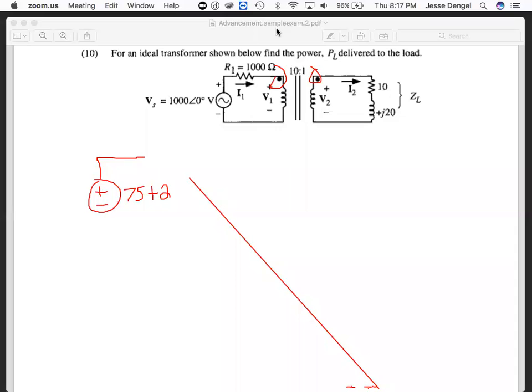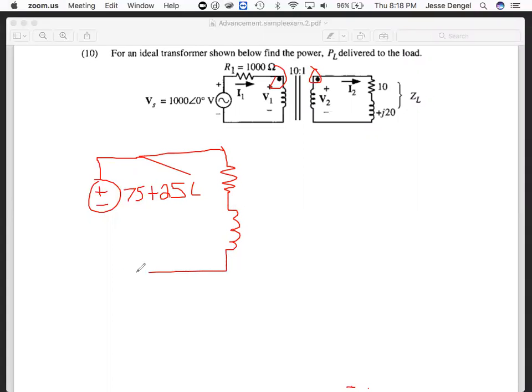This got a fantasy touch on my iPad there. 25I. And then we have our load here, which is 10 plus J20.